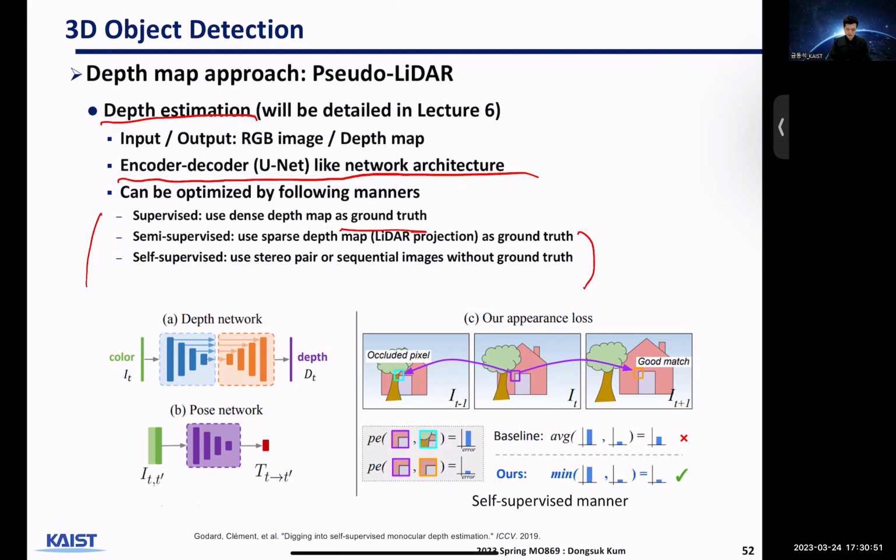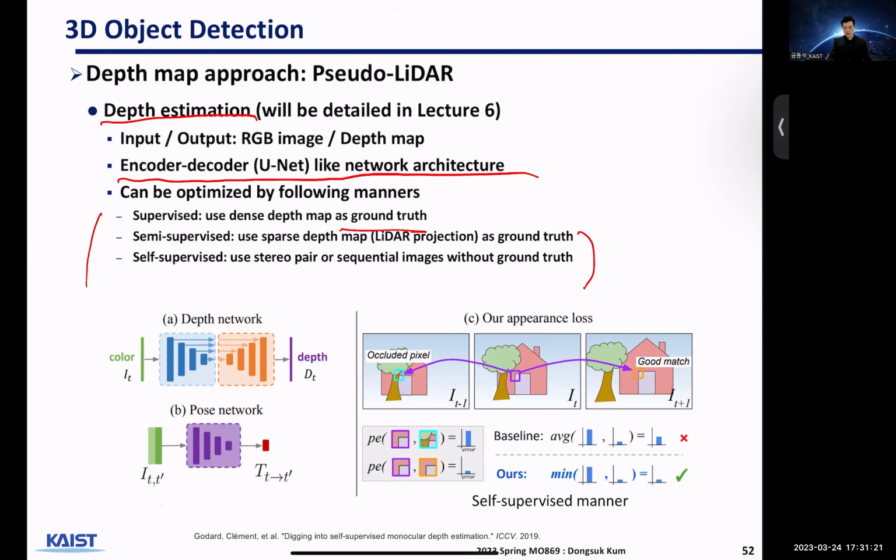And here for the depth estimation network case, luckily we can generate these depth maps using traditional computer vision 3D geometry theories in the field.